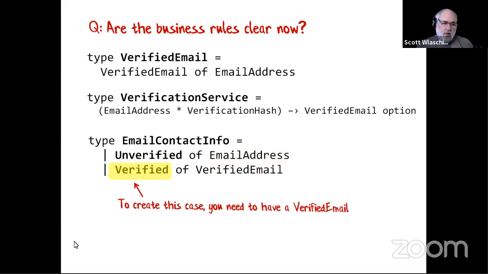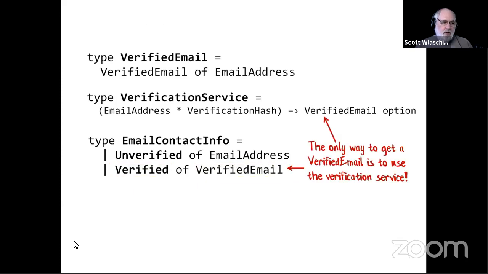So if I want to create the verified case, I have to have a verified email. So where do I get a verified email from? Well, the only way I can get a verified email is the verification service, assuming that we have a private constructor and all that stuff. So in order to do that, I have to get it from the verification service.